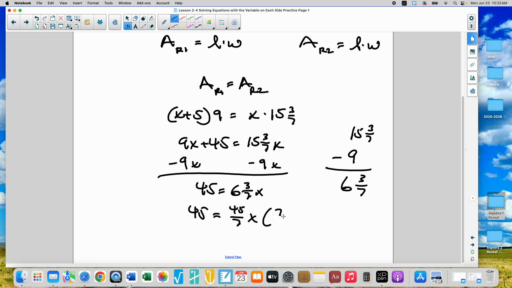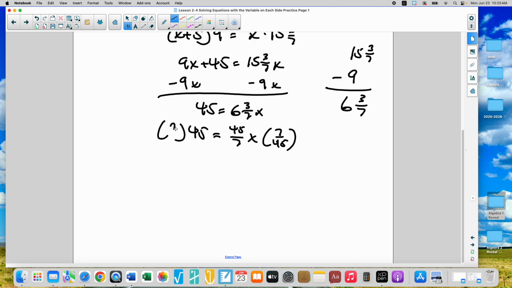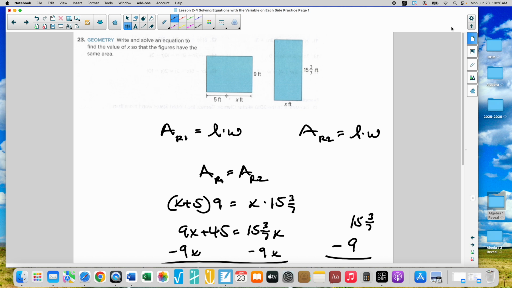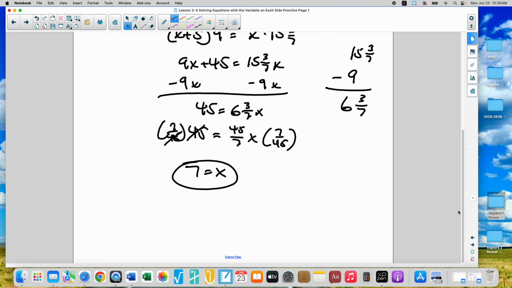We multiply by the reciprocal, 7/45. The numerator and denominator cancel, so 7 equals x. This time they do give us the unit. So x is going to be 7 feet.